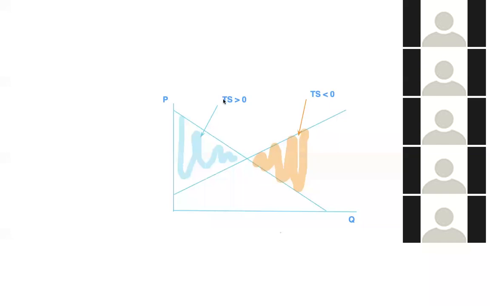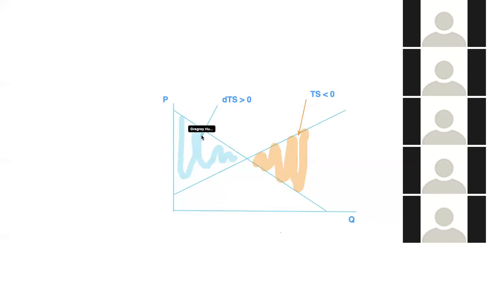So, I say total surplus over here on the left, the blue part, is greater than 0. But what I really mean is contributions to total surplus. If I was going to be more mathematical, and what I do a lot of times in lecture, I'll put a capital Greek letter delta, but I don't have that here, so I can just put a D for the change in total surplus.